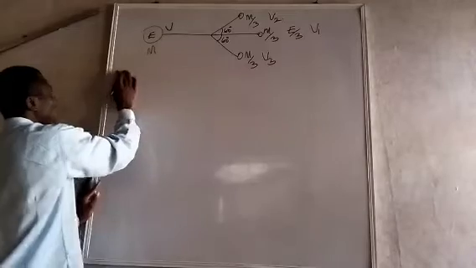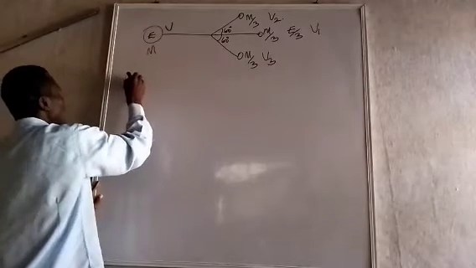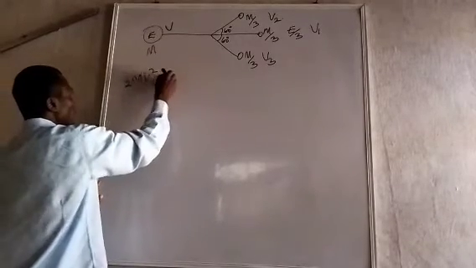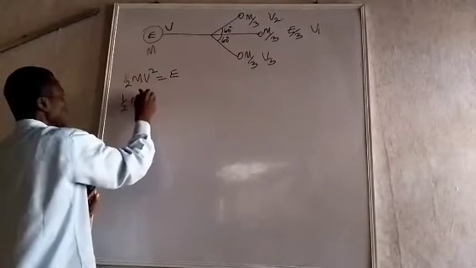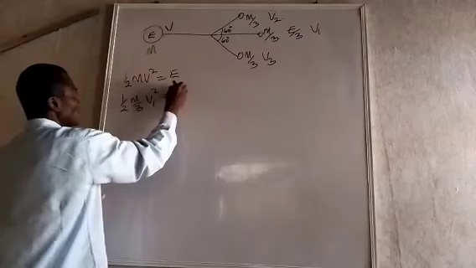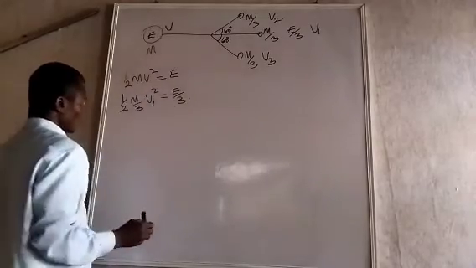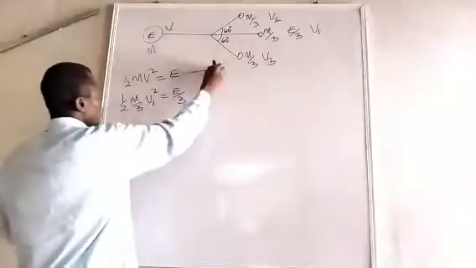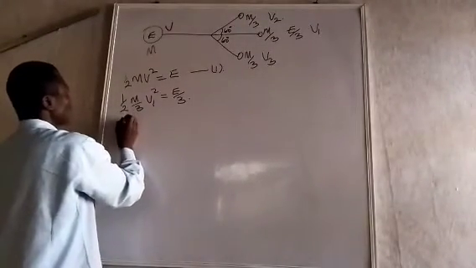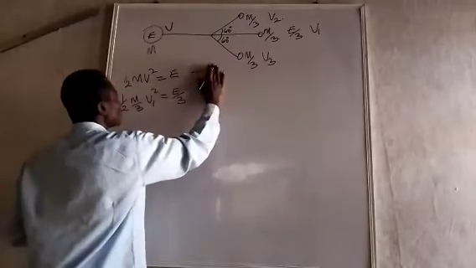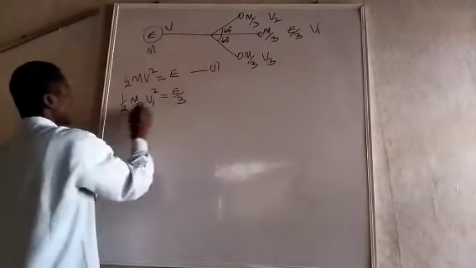So half m v squared is equal to E, and half m over 3 v1 squared is equal to E over 3. Let's multiply this one through by 3.